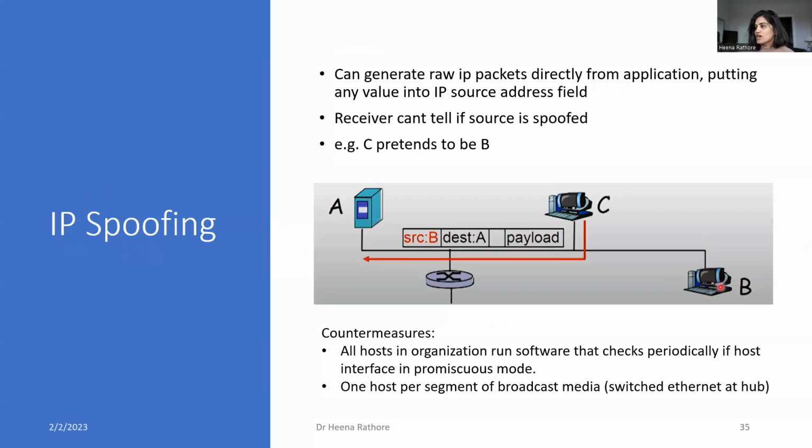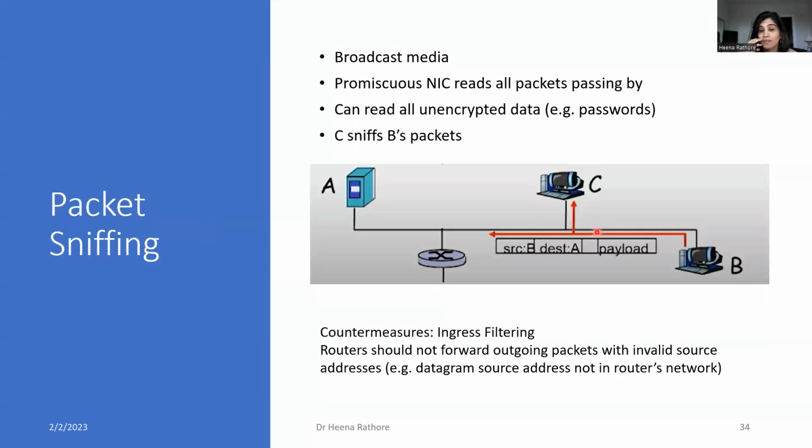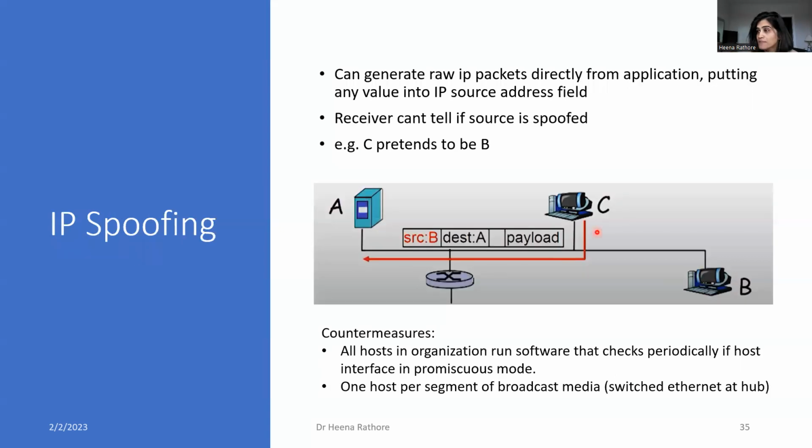Once again, B tries to communicate with A, and C, which is in between, tries to spoof its identity and pretend to be B for A. And it can send some kind of rubbish information to A. So this is IP spoofing, where you are pretending to be someone and the IP address is spoofed. In the last case, you were sniffing the packets being transmitted. In IP spoofing, you spoof the identity of the IP address, which is at the network layer.